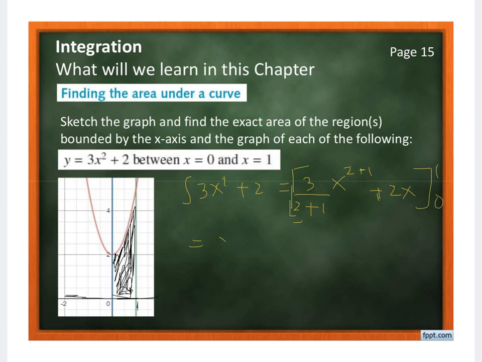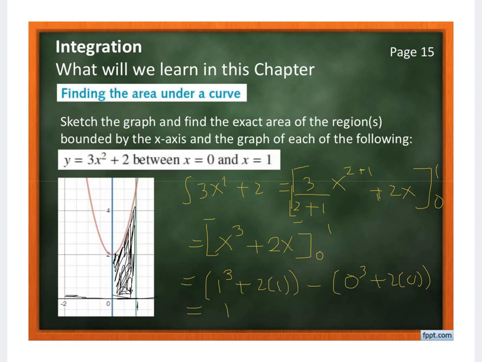So equal x cubic plus 2x between 0 until 1. 1 cubic plus 2 times 1. We substitute the value of x. 0 cubic plus 2 times 0. So equal 1 plus 2 minus 0. So the area equal 3 square unit.